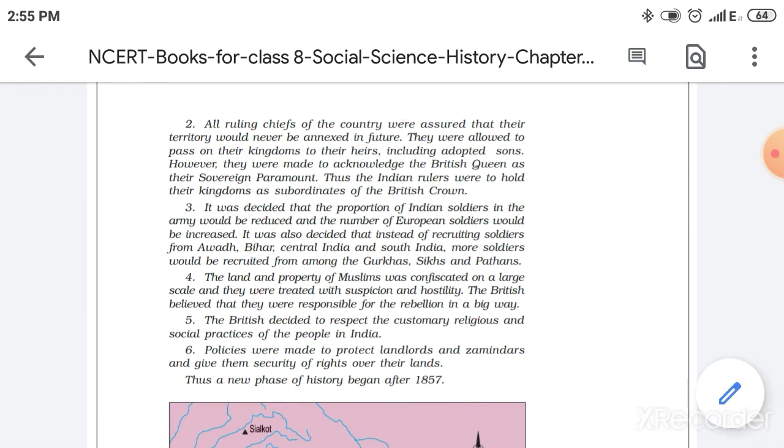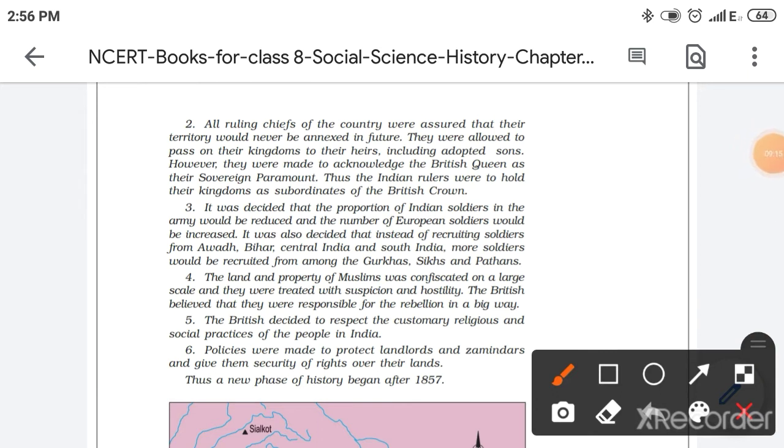Okay, second thing clear. Now the third thing in this point is that, however, these chiefs have to acknowledge and recognize the British crown as the sovereign paramount. Remember what sovereign paramount is? It simply means the supreme power, that no one is beyond this supreme power.